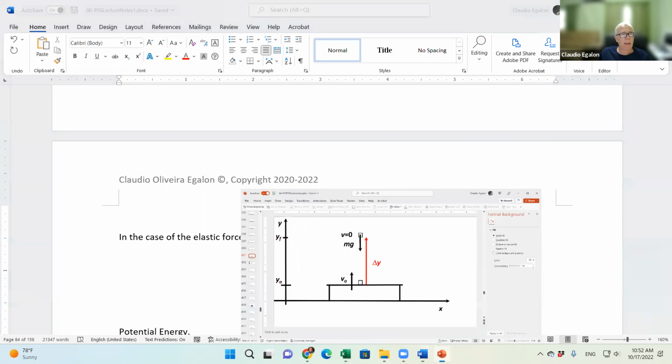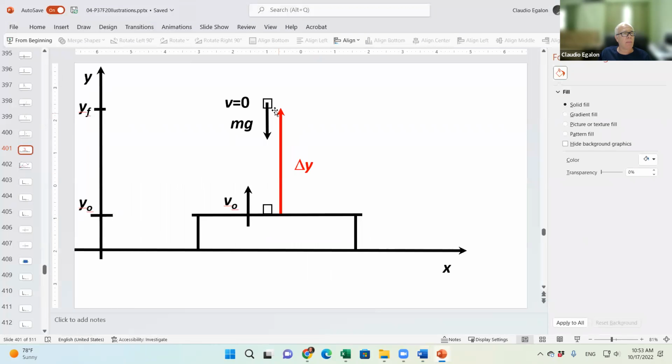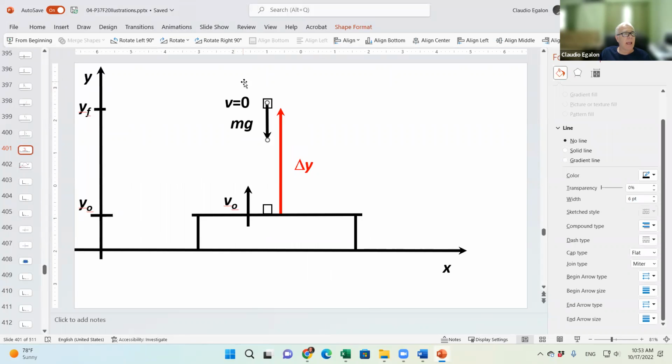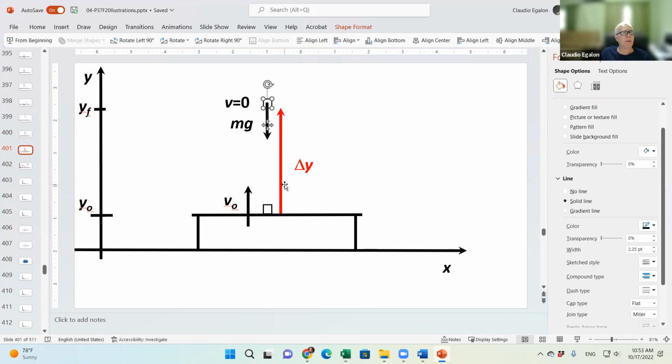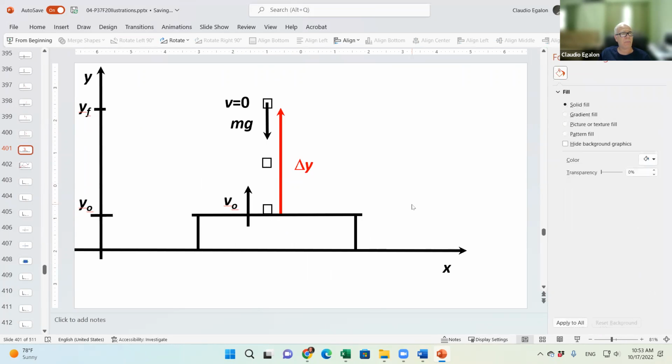So going back here, this object at different heights has different potential energies. At this point in space, it has one potential energy. At this other lower position in space, it has another potential energy. At another position in space, it has another value of potential energy. What about the elastic potential energy?